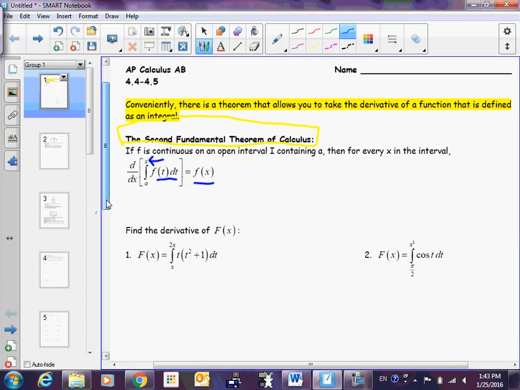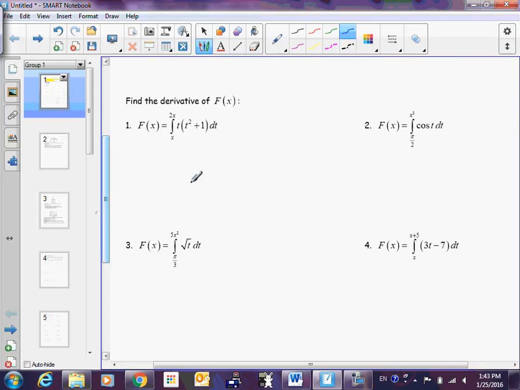Now, if you have bounds, especially bounds that are functions of x, and you are taking the derivative, here we are taking the derivative of capital F, so capital F prime. In other words, we are deriving an integral. I'm saying this over and over again in different words so that you understand.